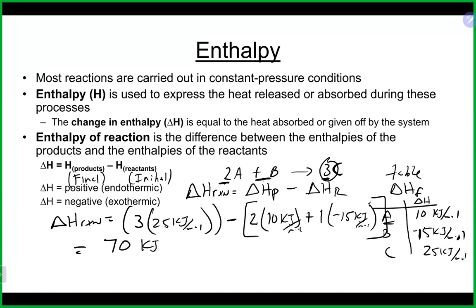Let's make sure 2 times 10 plus. Yeah. Now, based on this made up one, is this reaction endothermic or exothermic? My delta H value is positive or negative? Positive, right? So because this is positive, this would be an endothermic reaction. Any questions on that there?